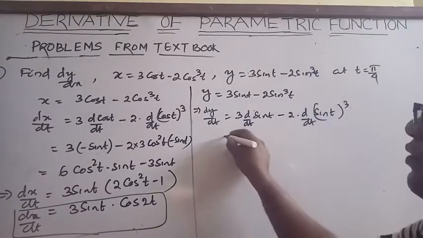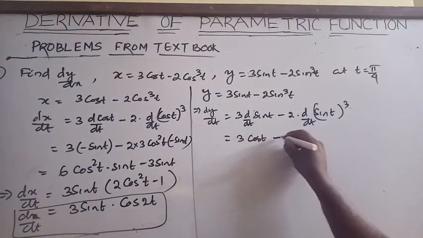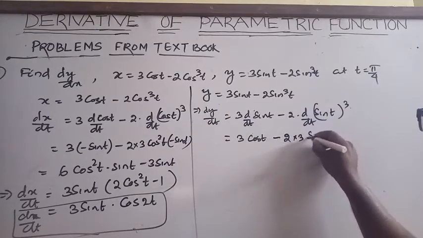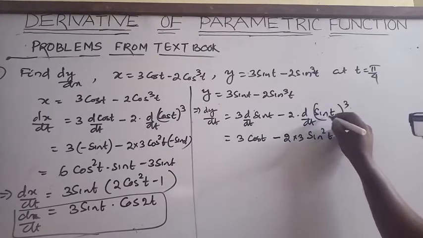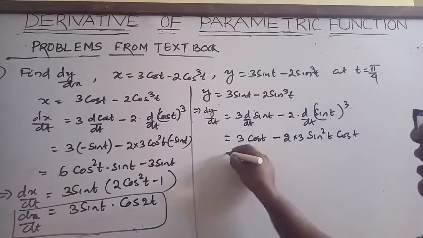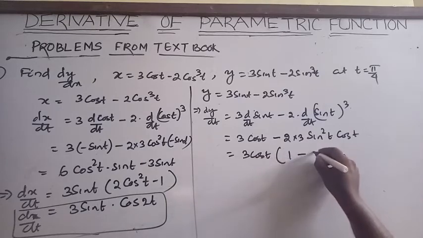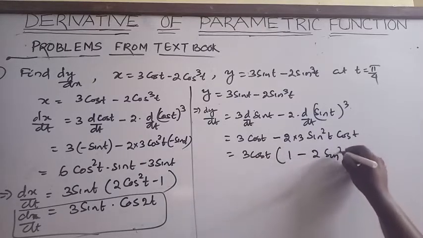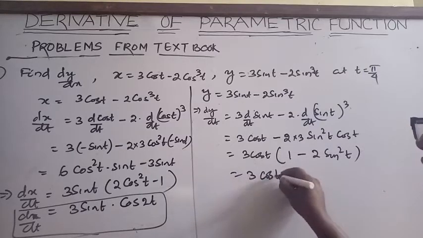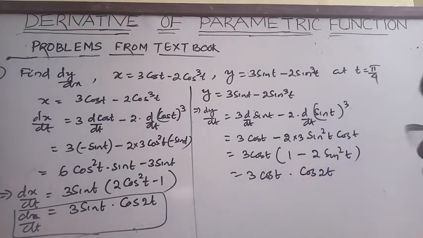This is equal to 3 cos t minus 2 into 3 sin square t into the derivative of sin t with respect to t, which is cos t. Clear? Taking 3 cos t common, this is equal to 3 cos t into 1 minus 2 sin square t, and this is cos 2t.